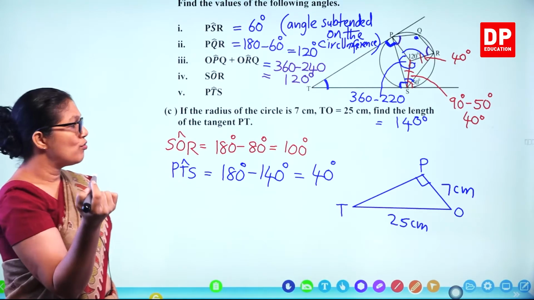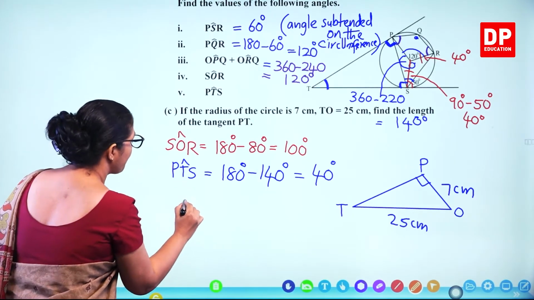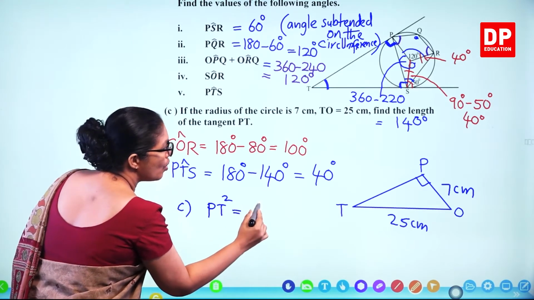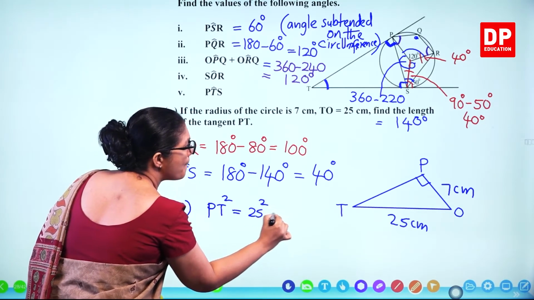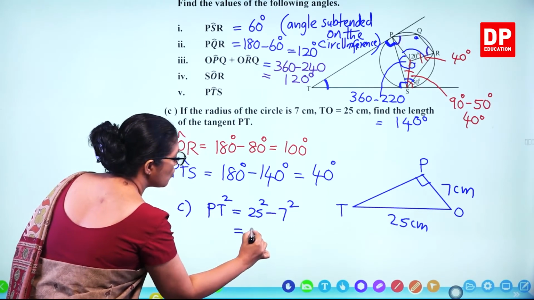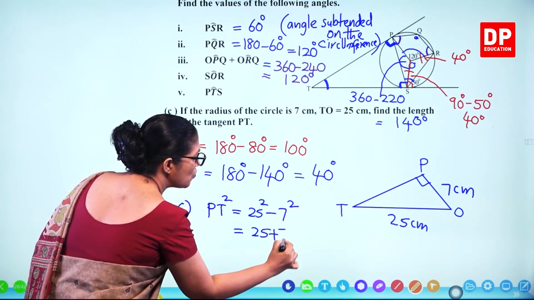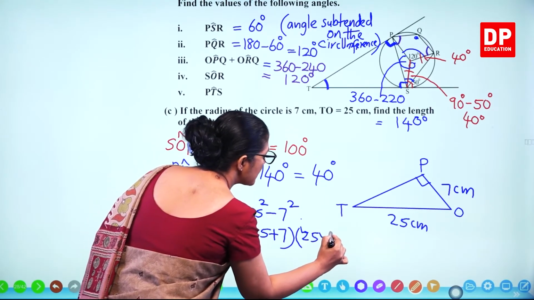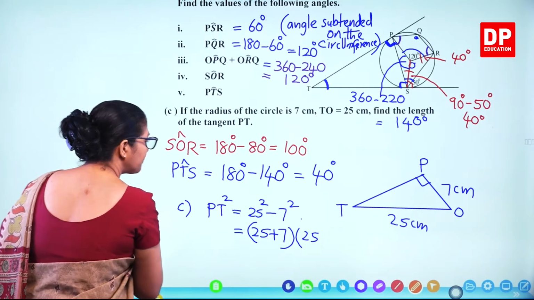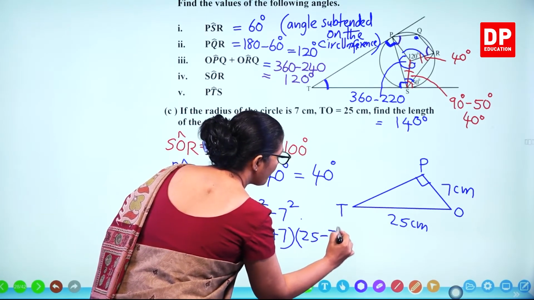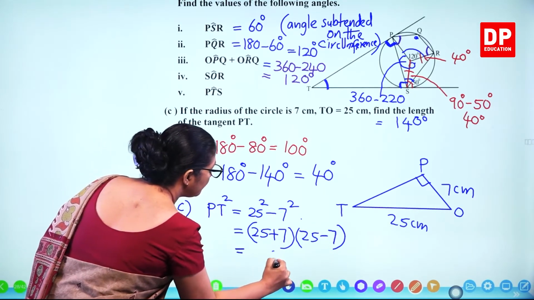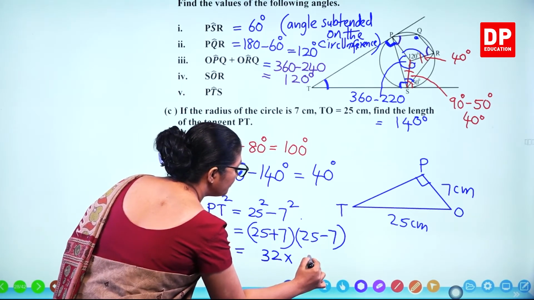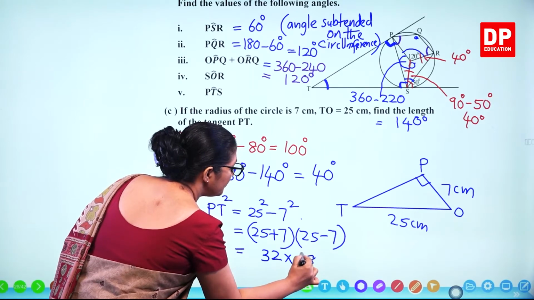So you can use Pythagoras Theorem. PT squared is equal to 25 squared minus 7 squared. So you can use the difference between two square terms, 25 plus 7, 25 minus 7. 32 into 18.